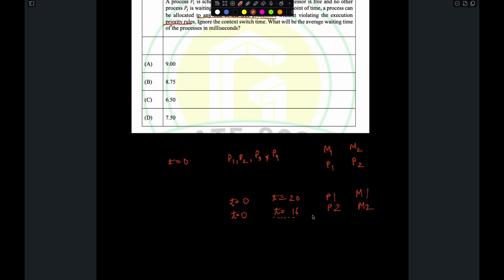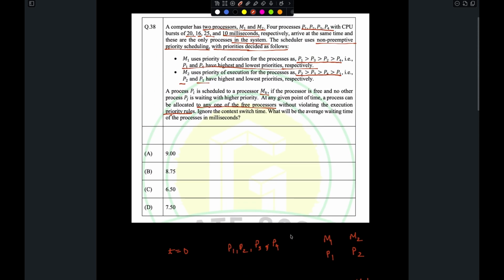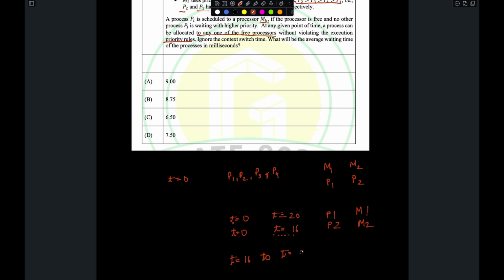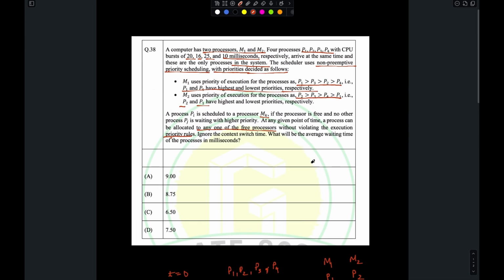P3 and P4 were initially waiting till t equals 16. So P3 gets scheduled on M2 to run, from t equals 16 to 41. P3 would be running on M2.